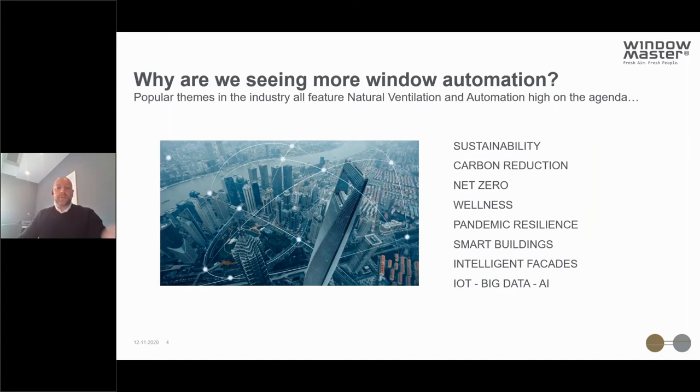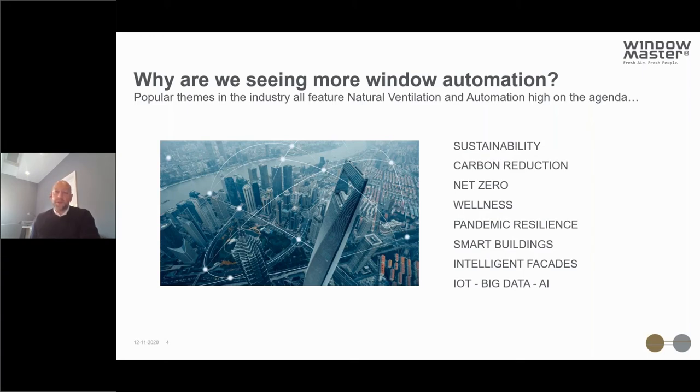I think a lot of these themes will be familiar to many of you, but certainly there are some long-running discussions in the industry around new building design and existing building renovation in terms of sustainability, carbon reduction, and obviously the more recent push towards net zero.